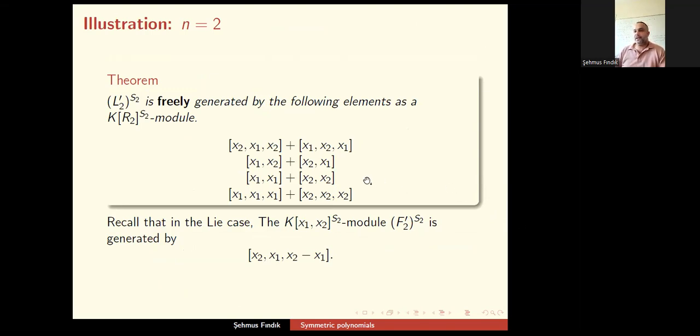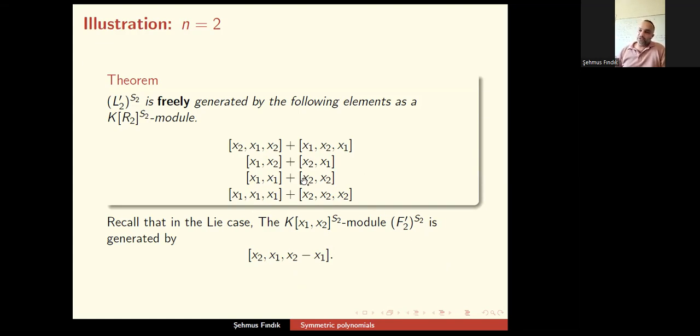And here, I put this one in the first place because when you apply skew symmetry, for example, you have the same generator as the Lie one, and all others are 0 in the Lie algebras. You see x1, x2 minus x1, x2 becomes 0, x1, x1 is 0, and so on in the Lie case. Okay, you see this was the generator of the free metabelian Lie algebra in rank 2.